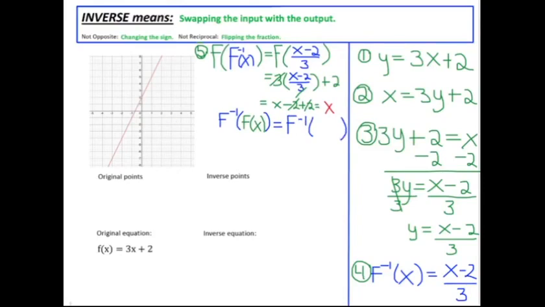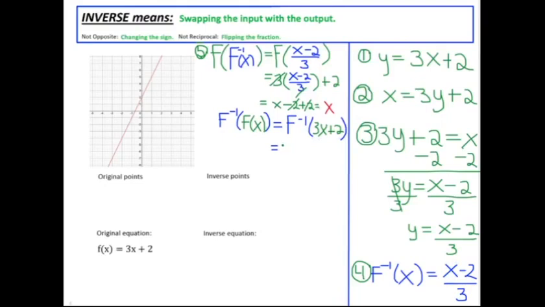So we're going to put 3x plus 2, and that equals, well, f inverse is the quantity of x minus 2 divided by 3. Now, in place of x, we're going to have to put f of x, which is 3x plus 2.